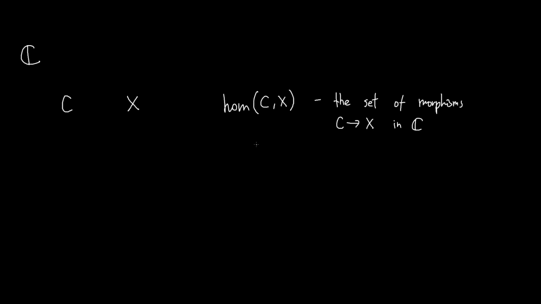Now, this set of morphisms, I want to think of it as the set of elements of X. So X is fixed here. We started off with a fixed object in the category. And I want to think of elements of X to be morphisms from C to X. In fact, there is even an official term for this.